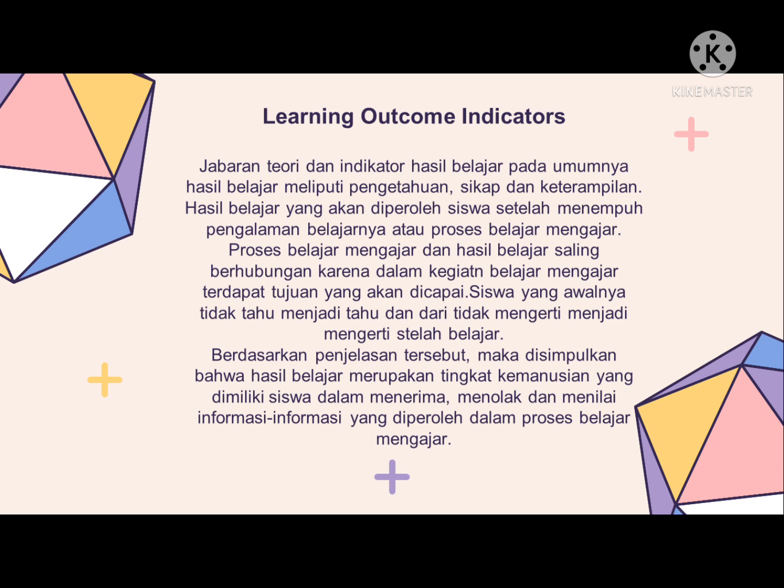Based on this explanation, it was concluded that learning outcomes are the level of humanity that students have in accepting, rejecting, and assessing the information obtained in the teaching and learning process.